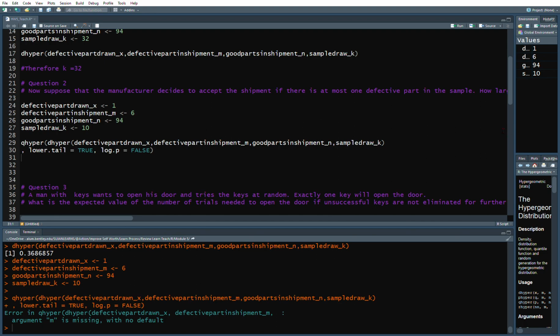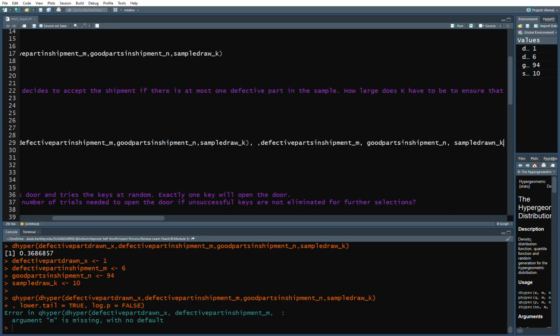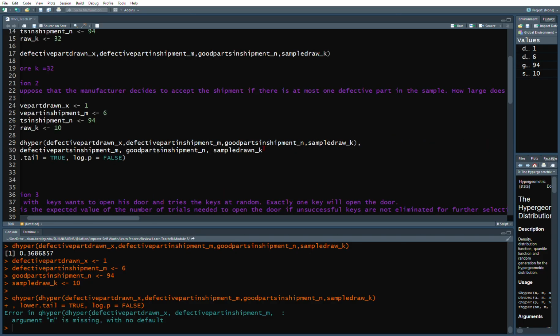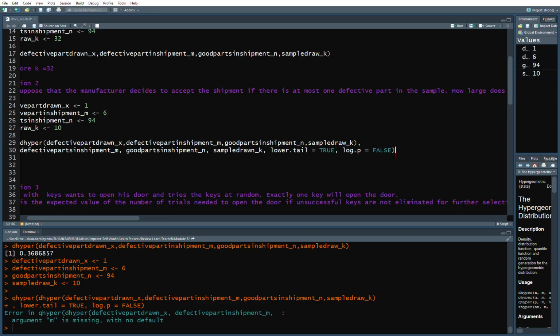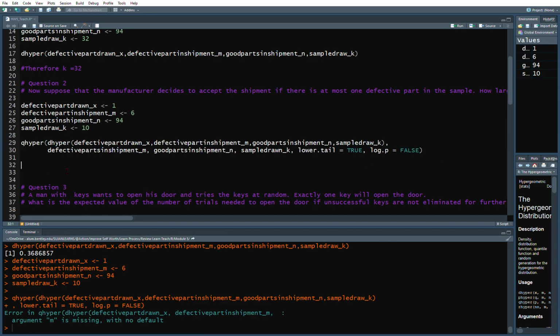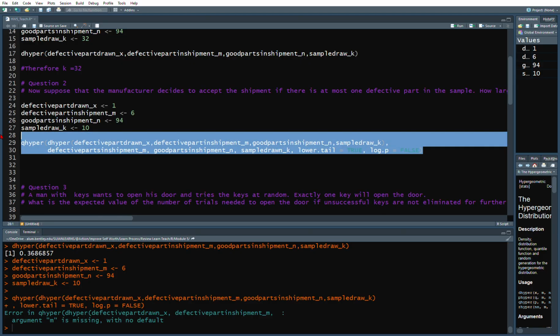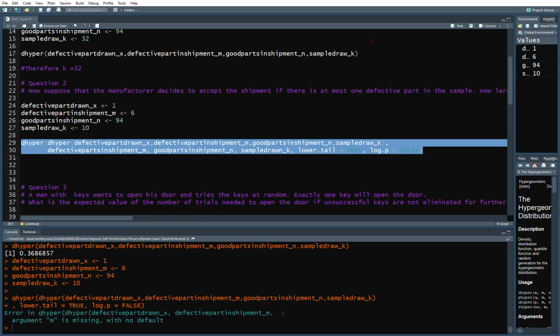We need to still add these variables here to make it work. We have hyper, this will provide the probability, and for that particular probability, what's the quantile? We'll find a corresponding quantile for that.